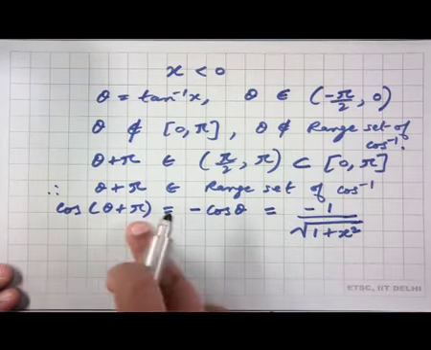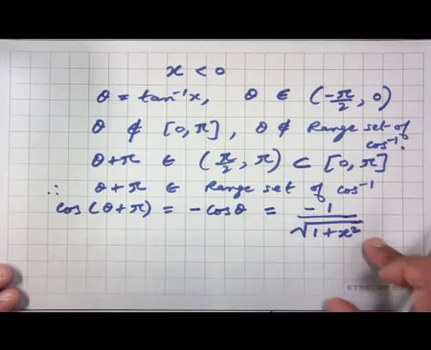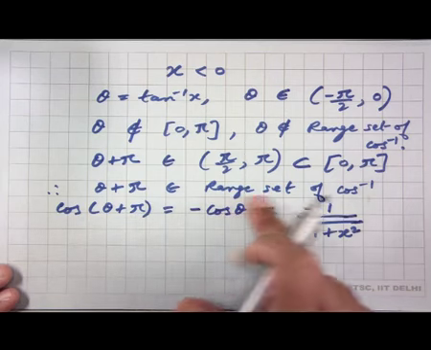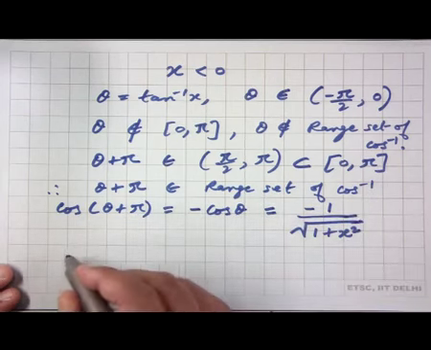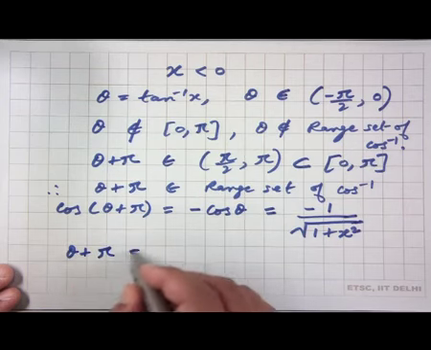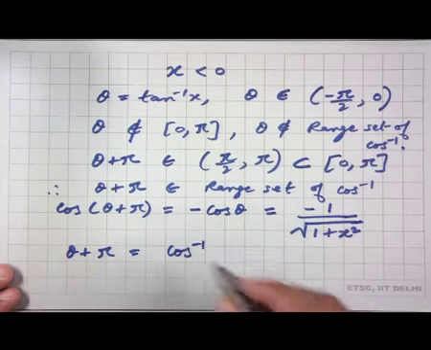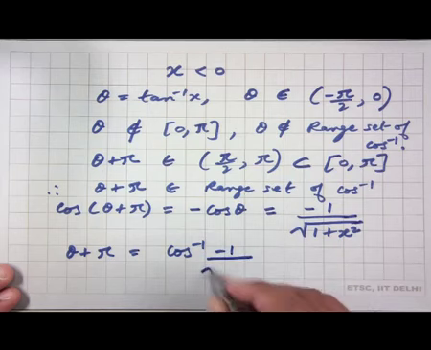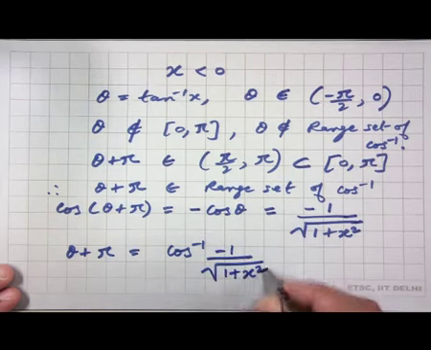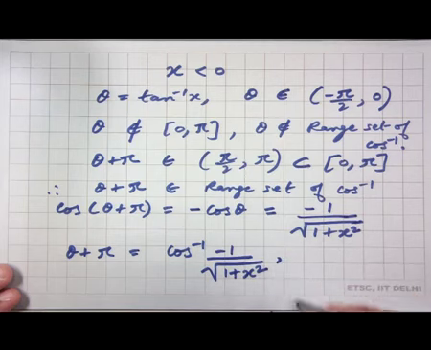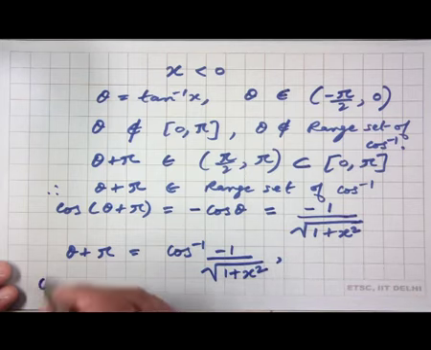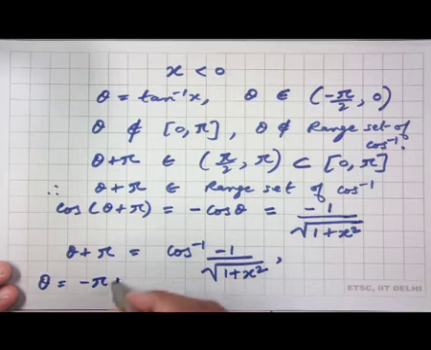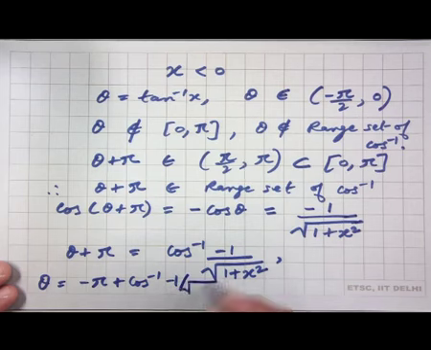Since theta plus pi belongs to the range set of cos inverse, we can immediately say that theta plus pi is equal to cos inverse of minus 1 over positive square root of 1 plus x square, and from here it can be concluded that theta is equal to minus pi plus cos inverse of minus 1 over positive square root of 1 plus x square.